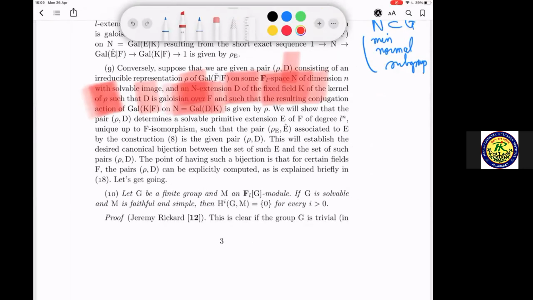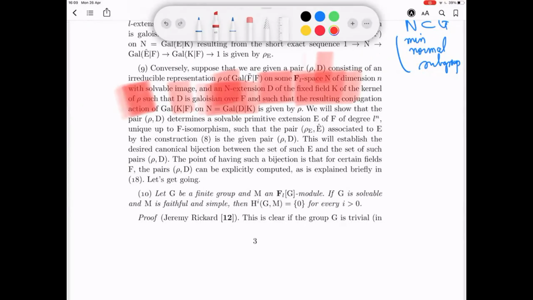So this is what this pair consists of. It consists of an irreducible representation rho of the Galois group of F tilde over F on some F_L space of dimension little n, and an N extension, a Galois extension with group capital N, of the fixed field of rho.